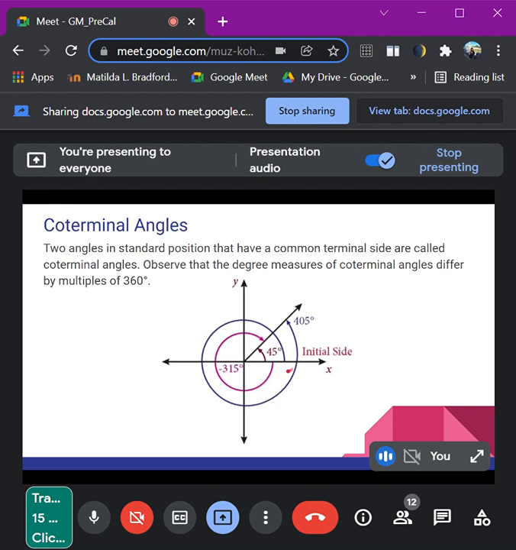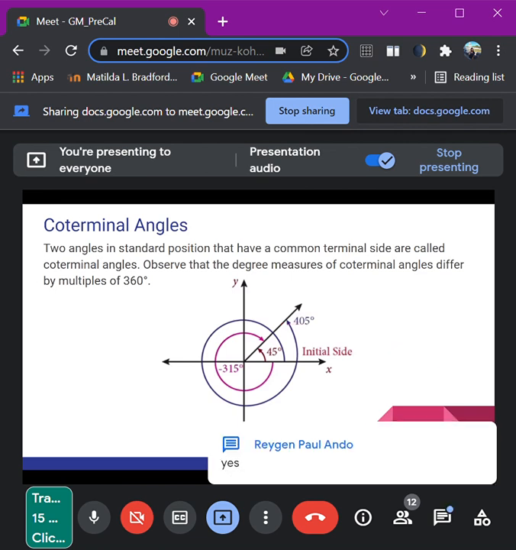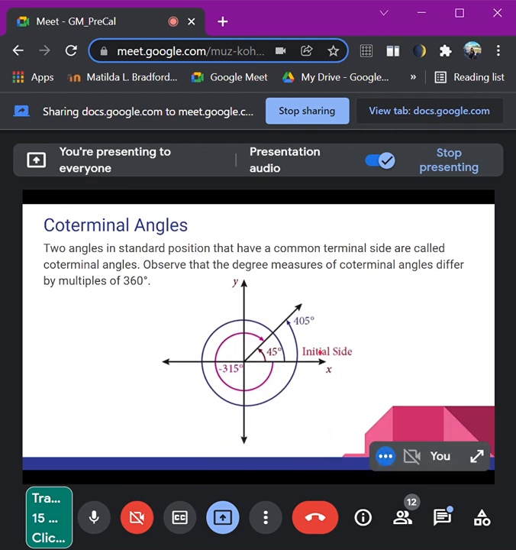Okay, we're just going to look at this one, at its rotation. Okay, very good. That is yes. Because as we can see, it started on our positive x-axis. So it means to say that our angle 405 degrees is in standard position.